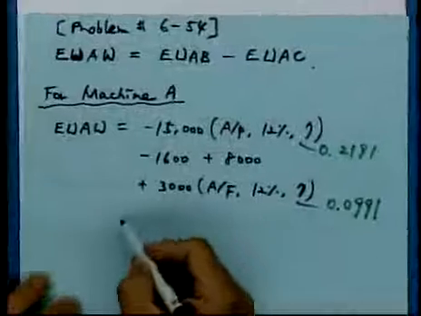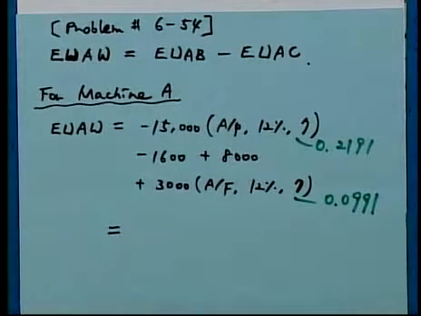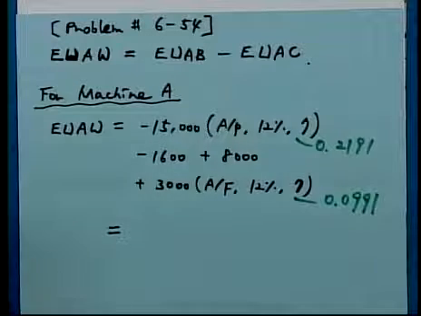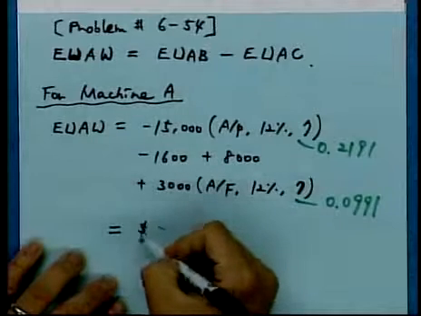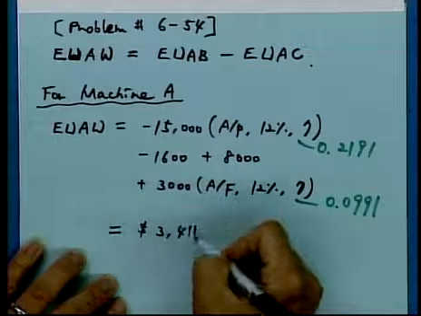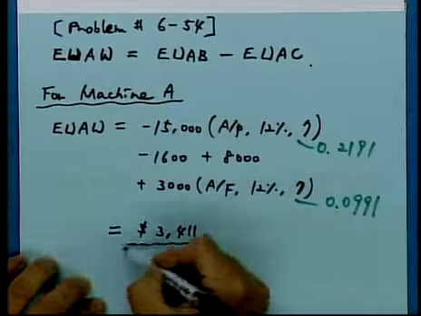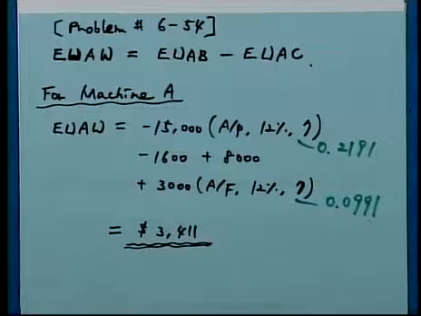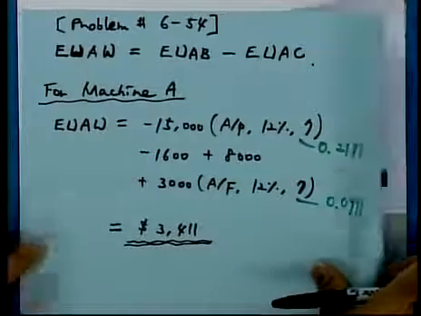Then how much is this? That is $3,411. That is the equivalent uniform annual worth if you choose machine A. Okay.